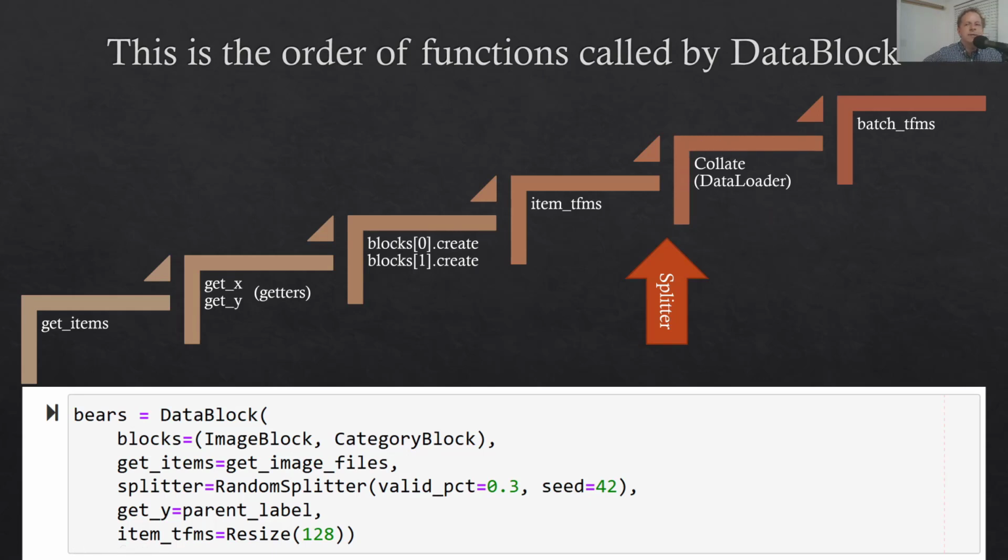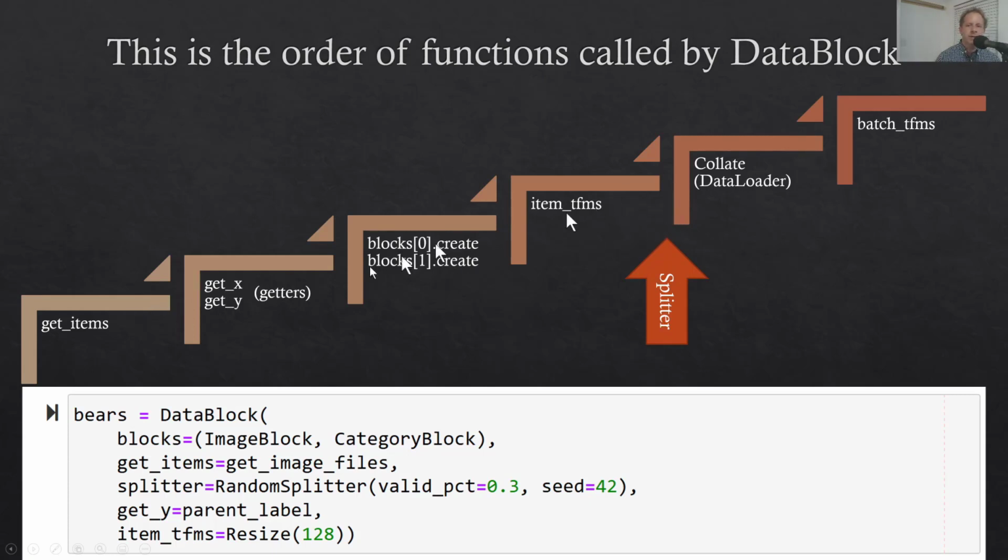That's going to let the GPU go much faster, as we'll be learning about. And then finally, we don't use any here, we can have something called batch transforms, which we will talk about later. And then somewhere in the middle about here, conceptually, is the splitter, which is the thing that splits into the training set and the validation set.